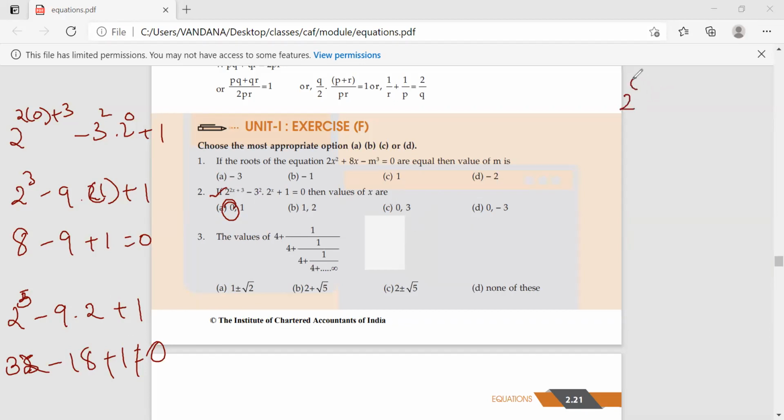So 2 raised to 2 into 3, 6 plus 3, this is 9. Minus 9 into 2 raised to 3 plus 1.